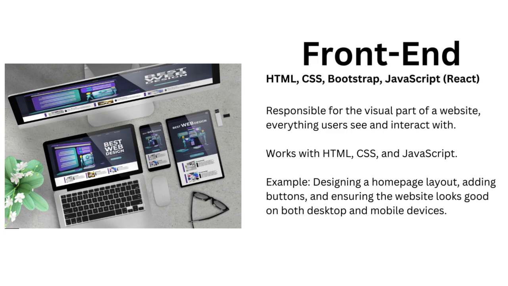Like the homepage layout, adding of buttons, text, and every content and the looks of the website, right? The front-end developer works with HTML, CSS, JavaScript, and some other libraries or functions.